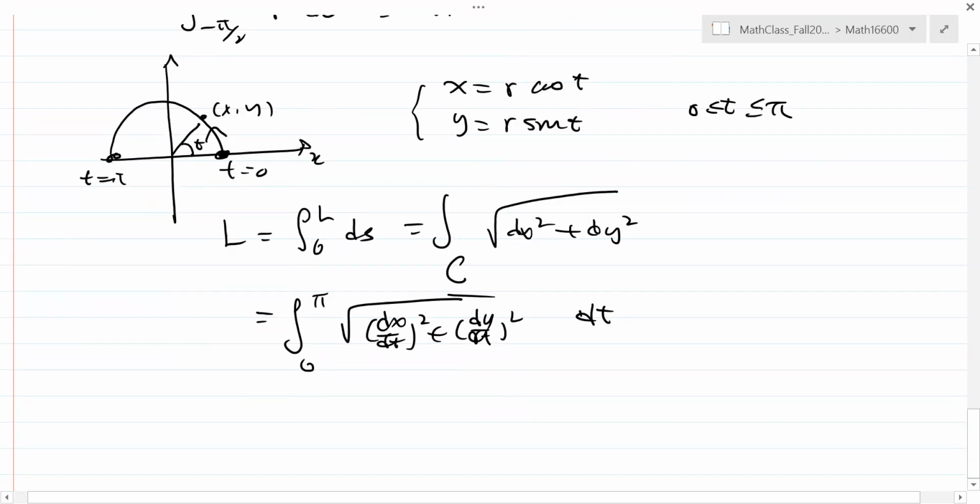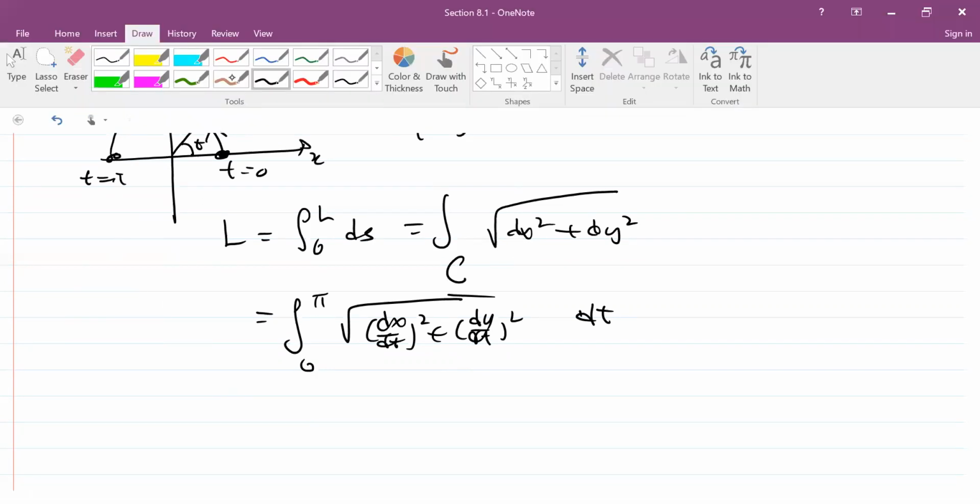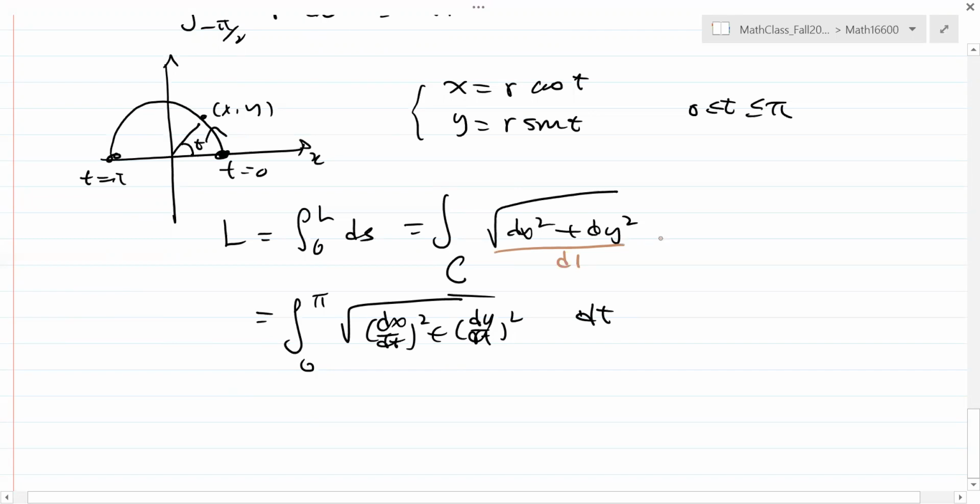Basically, you divide by dt and multiply by dt. Then you move dt into the radical.